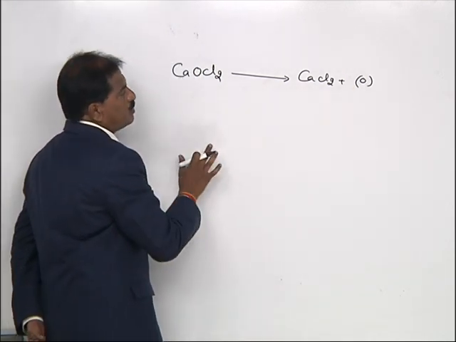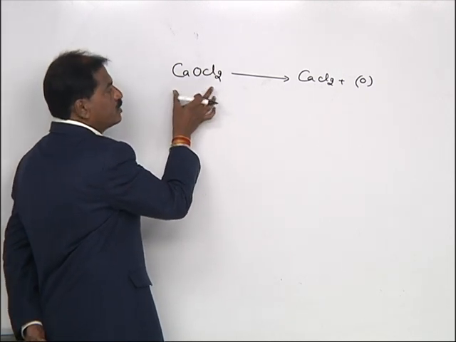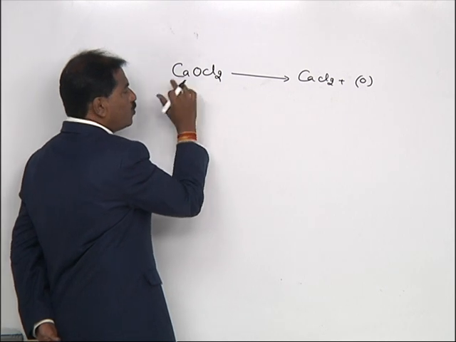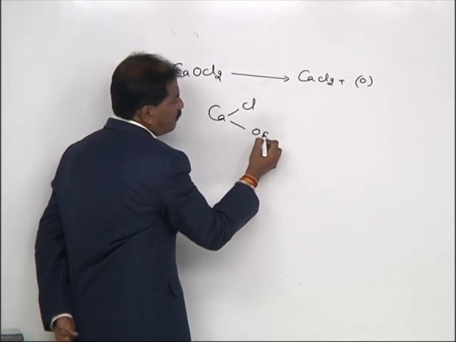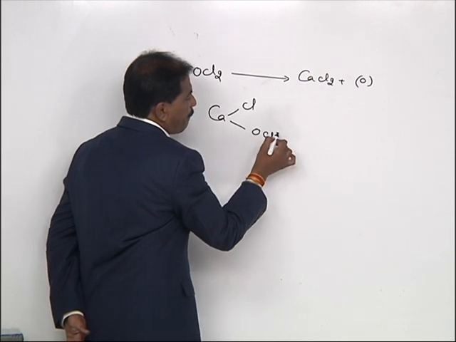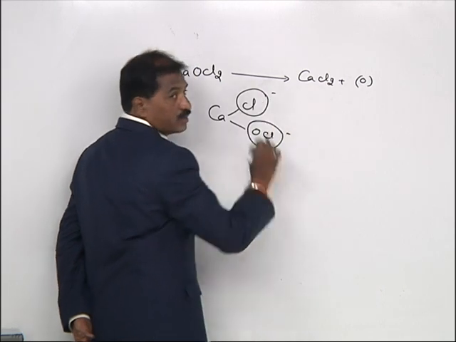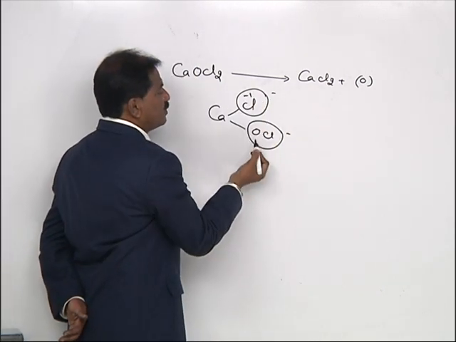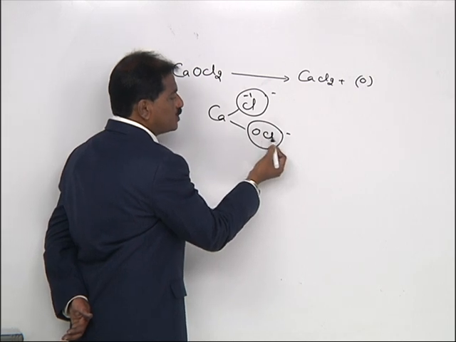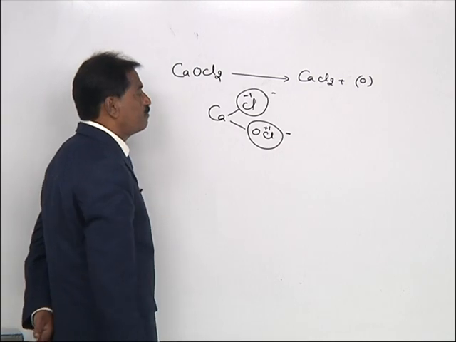In this change, what is the valence factor of the bleaching powder? See here, before participation in the reaction, this is bleaching powder, OCl minus, this one. Here the oxidation state of the chlorine is +1.